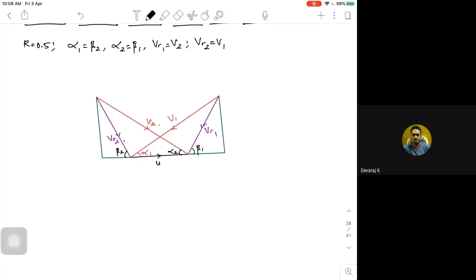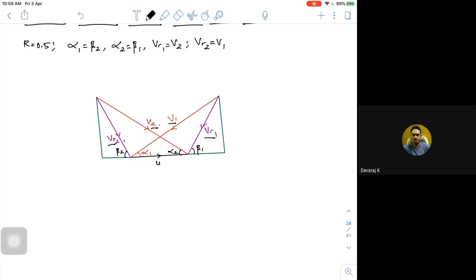Just assume that both the angles, alpha 1 and beta 2, alpha 2 and beta 1, are the same. For this condition, what will happen? VR2 will be equal to V1, and VR1 is equal to V2. So this is the condition.